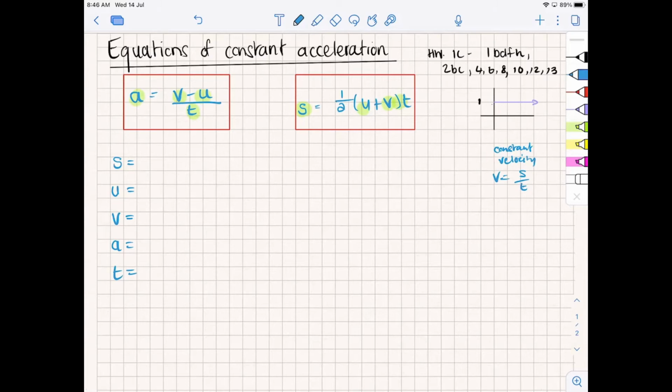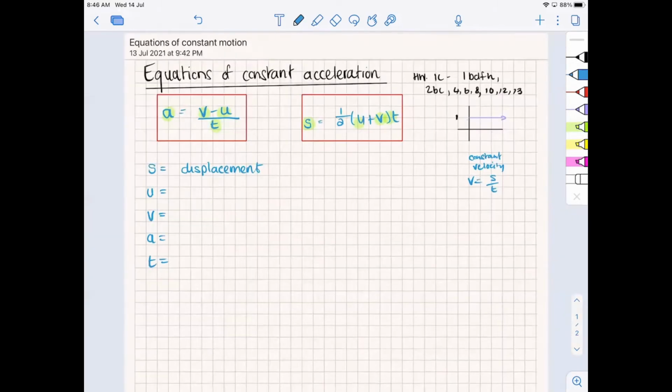If we are talking about constant acceleration with velocity, does that S stand for speed, Zara, or what does it stand for? Displacement. It stands for displacement. Very important.